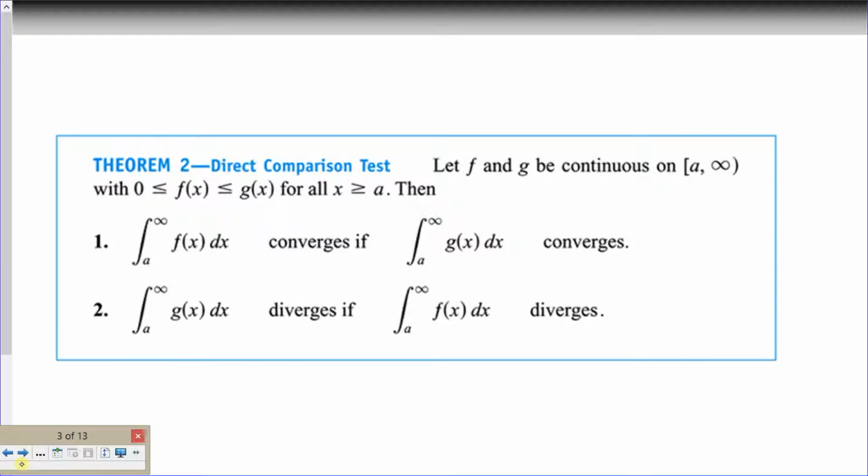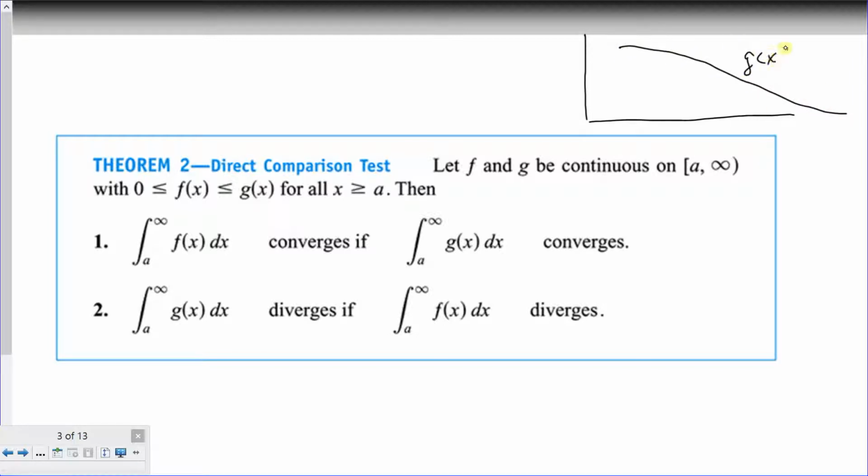This leads us to what we call the direct comparison test. Let's just look again and suppose that we have a function g of x, and for some value of x more than a, the function f of x is less than g of x.